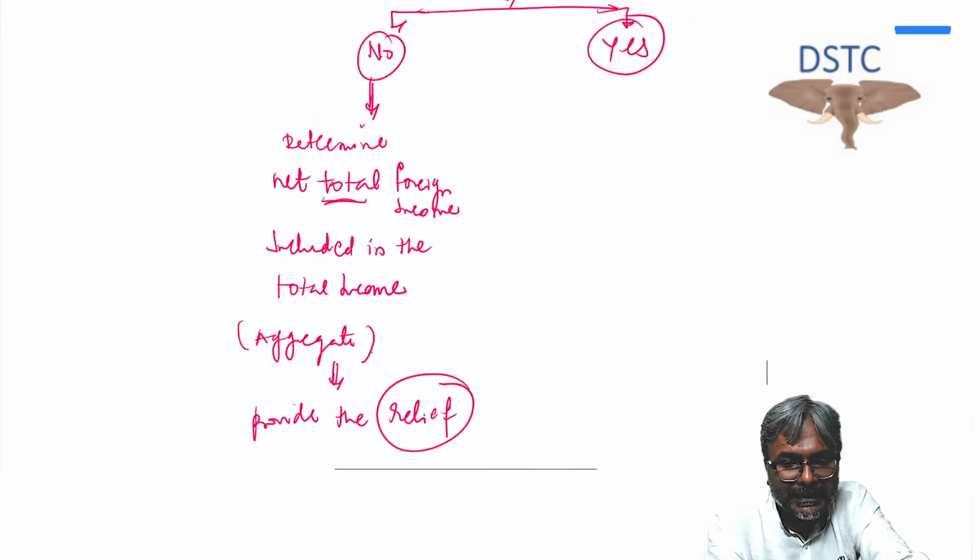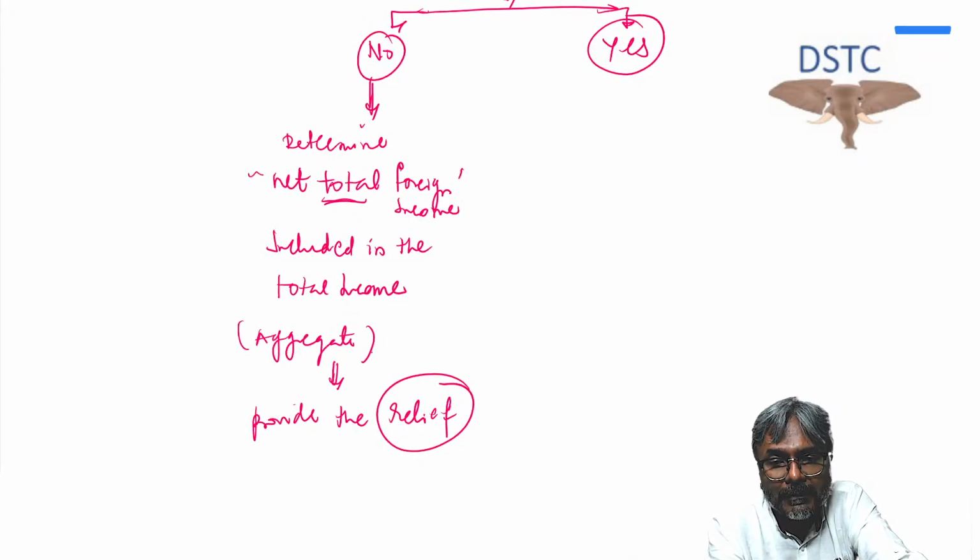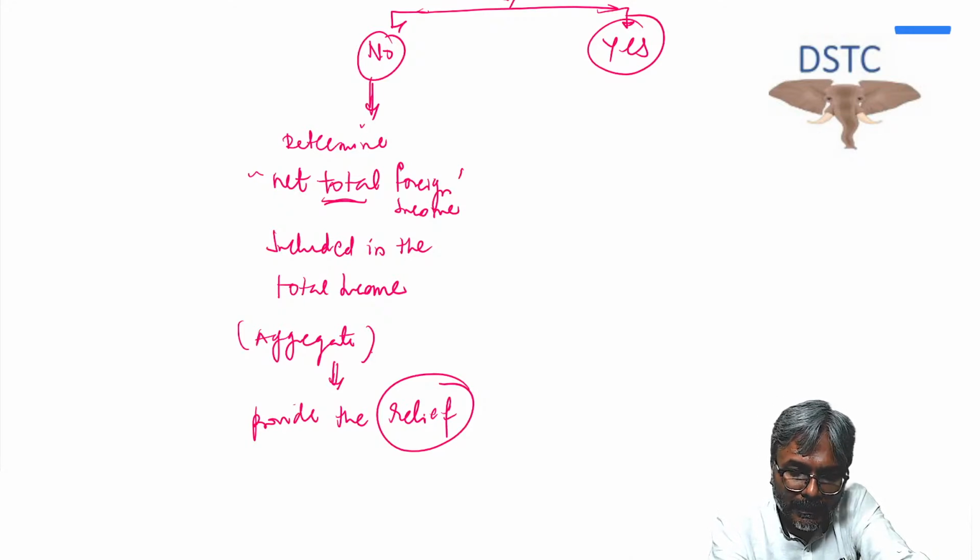So determine the net total foreign income included in the total income. You do the aggregate and then you provide the relief.